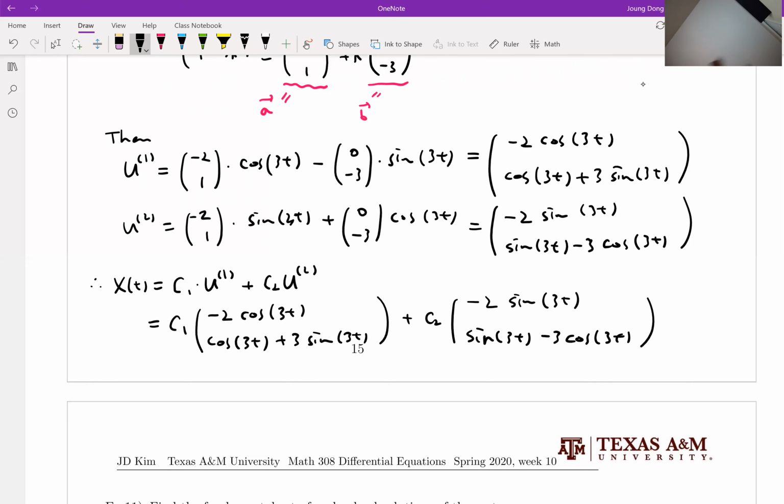Let me double check. That's it. So this is the way to use the formula for the complex eigenvalue case.